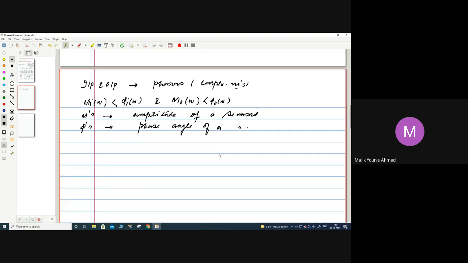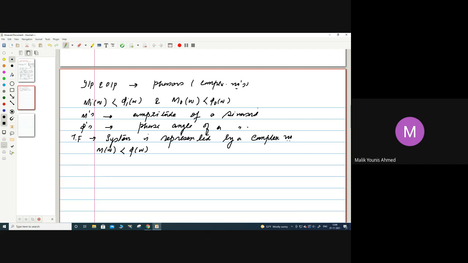Now, let us assume that the system is also represented by a complex number, like a transfer function. That is M of omega, with omega the angular frequency, at an angle of phi of omega.